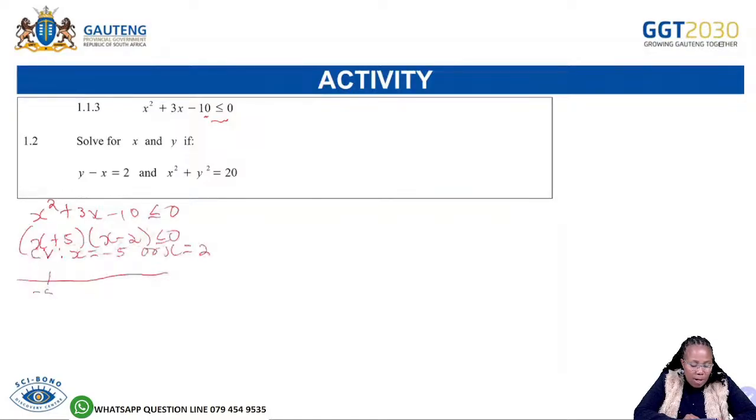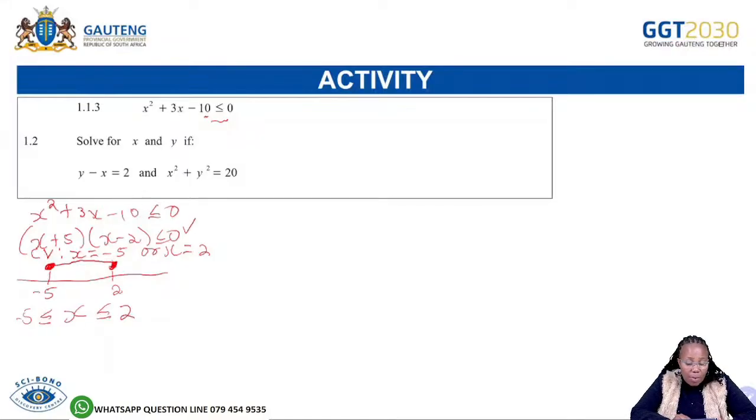So the smaller one, minus 5, followed by the bigger 2. It is a shaded dot because it has an equal sign. And then this is less than, that means you are shading in between. Then your x will be greater than or equal to minus 5, or x less than or equals to 2 there. So that is your solution.